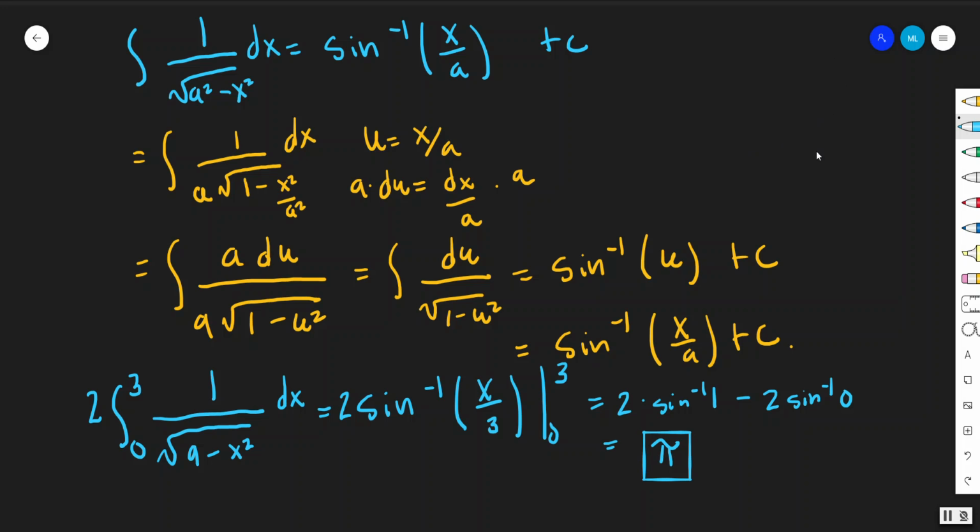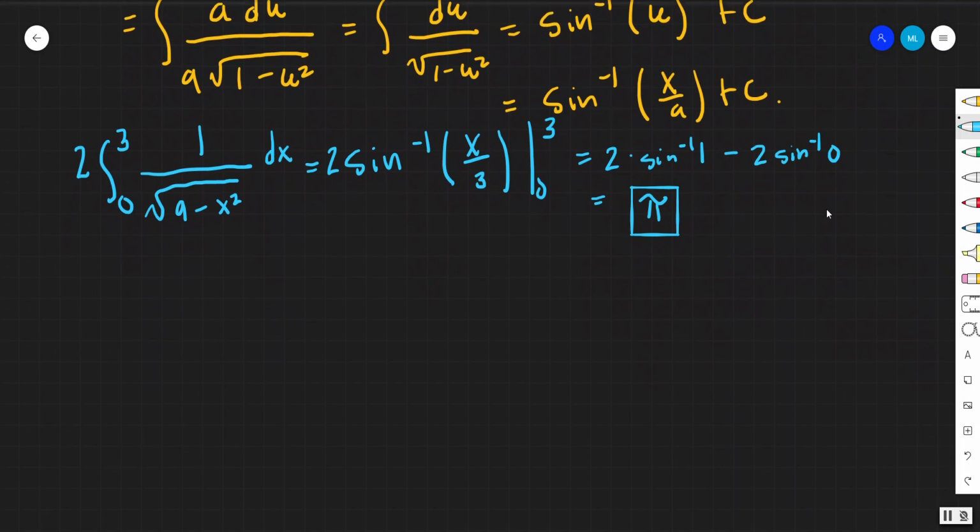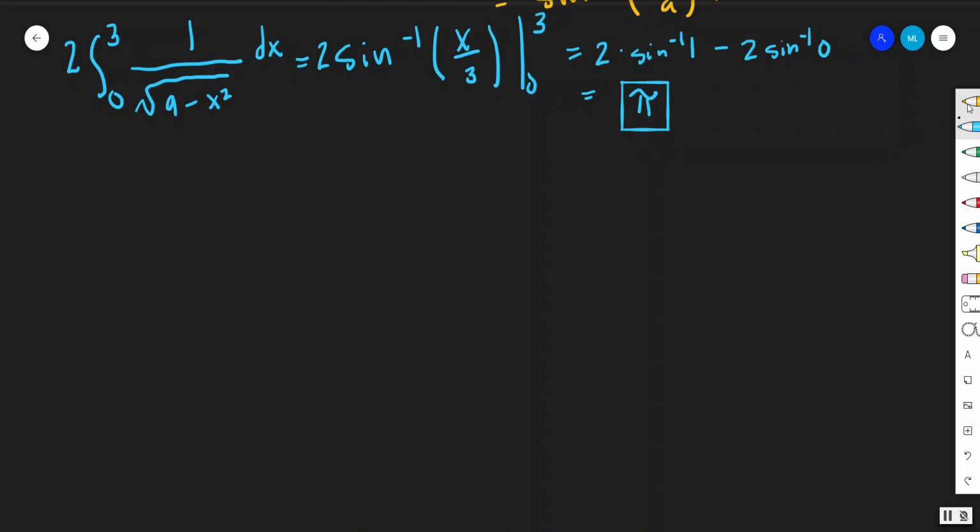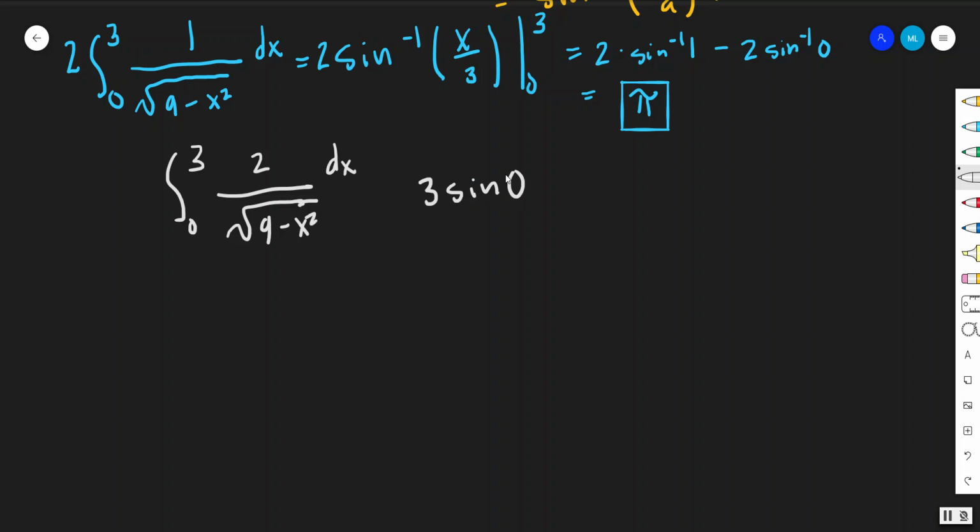Okay, how this differs from using trigonometric substitution is that there, your whole integral from 0 to 3 of 2 divided by the square root of 1 minus, and I keep saying 1 minus, but 9 minus x squared. The difference is that here you would have to realize that 3 sine theta equals your u.